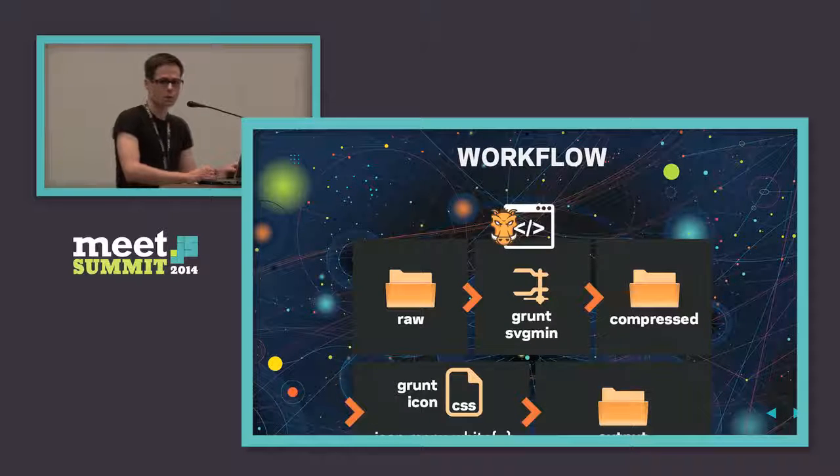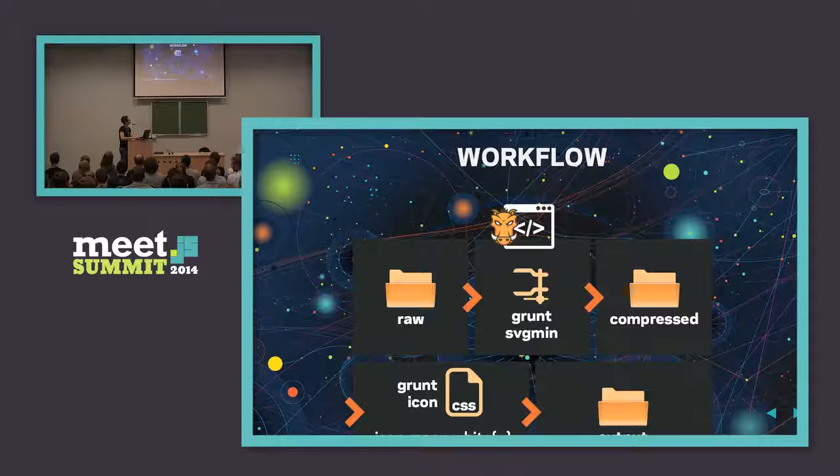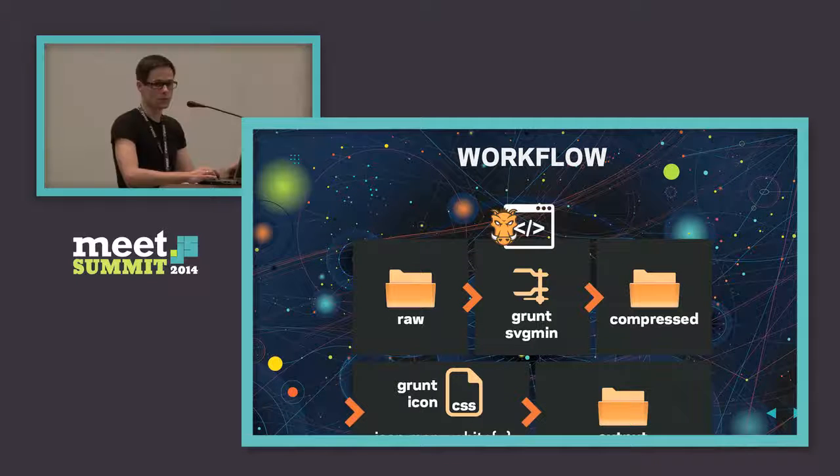And now in more detail, how this workflow with Grunt will go. It will take all our icons from the raw directory and parse them with the SVGmin Grunt task, which compresses them, so you don't have to pay attention to how large your SVG file is and whether the designer did it right.